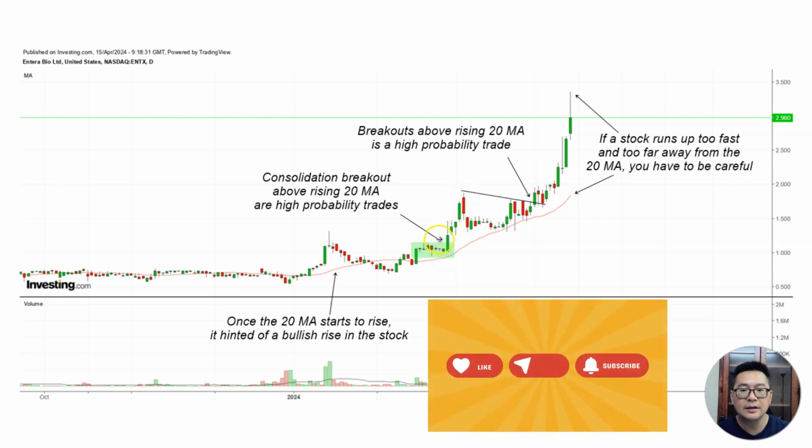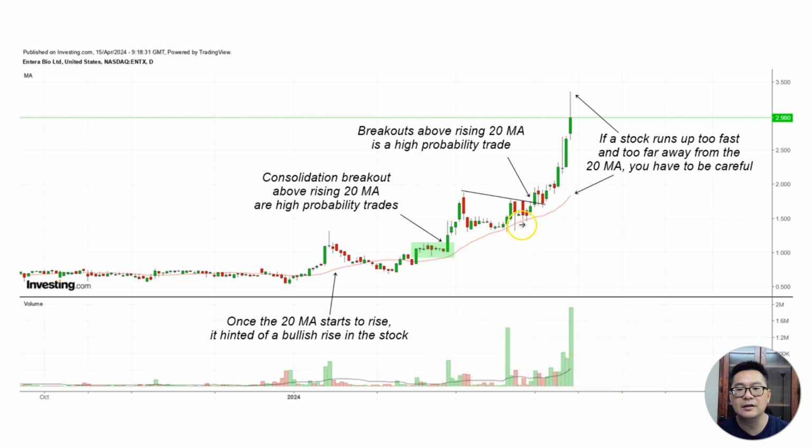You can actually buy this trade, put a stop loss, and ride it higher. And here we also have the stock breaking above the downtrend line, at or near the rising 20 MA, and boom, all the way up. And of course, there comes a time when the stock goes too far away from the 20 MA.